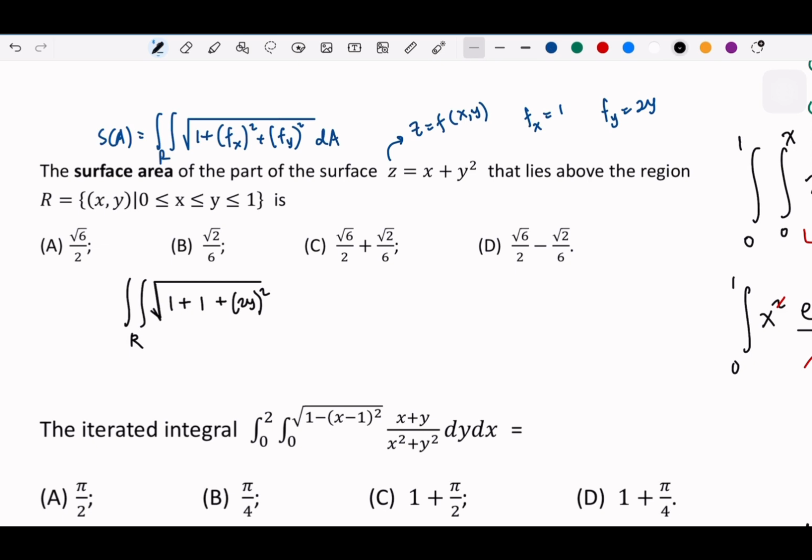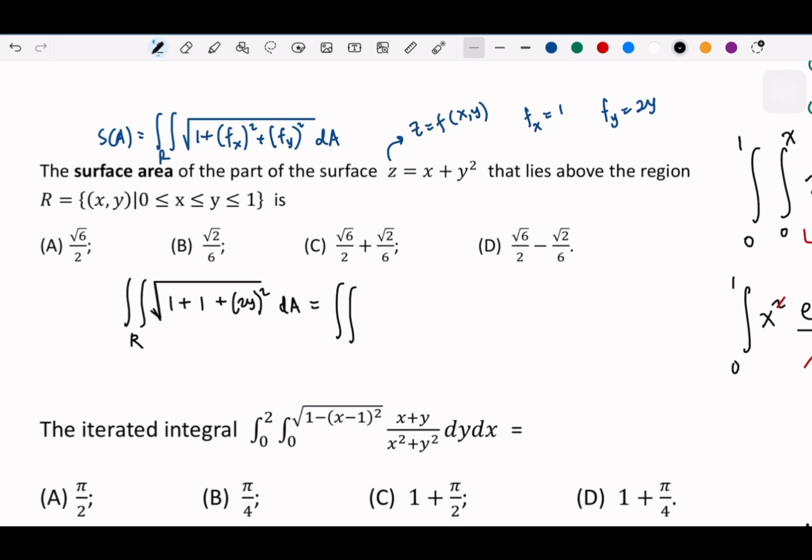And then let's say this is dA, and then based on what we have in R, for x it is 0 to y, and for y it is 0 to 1.